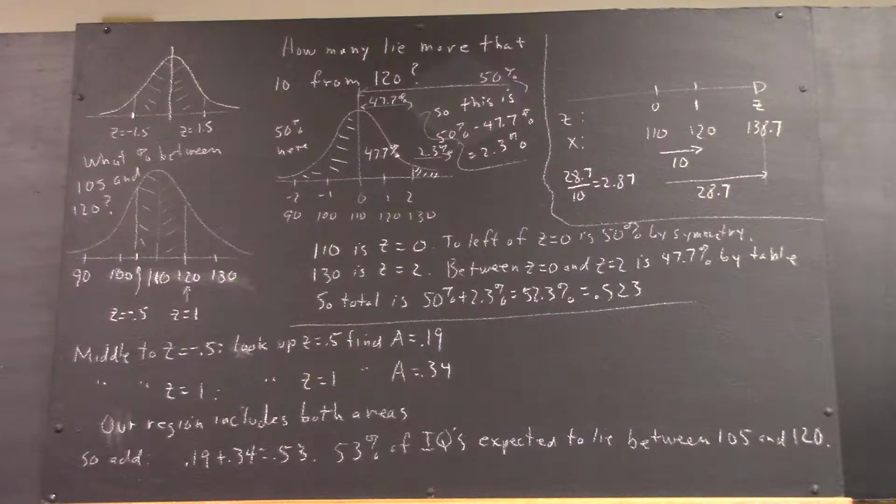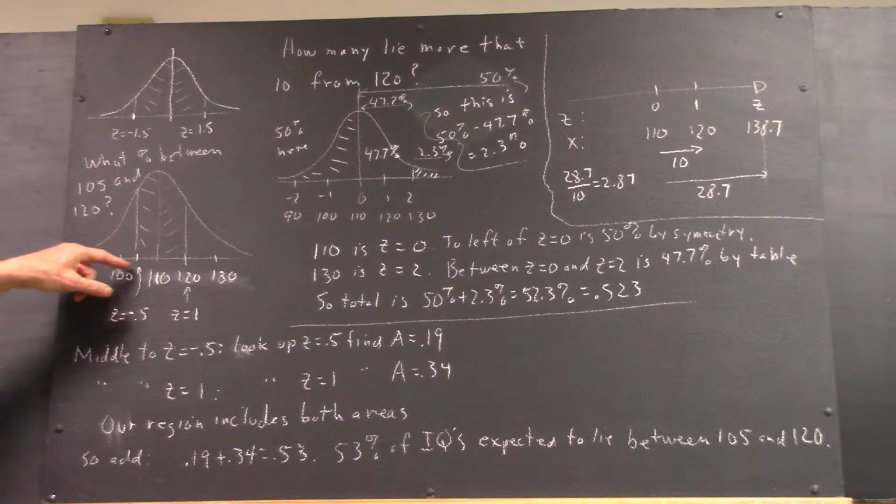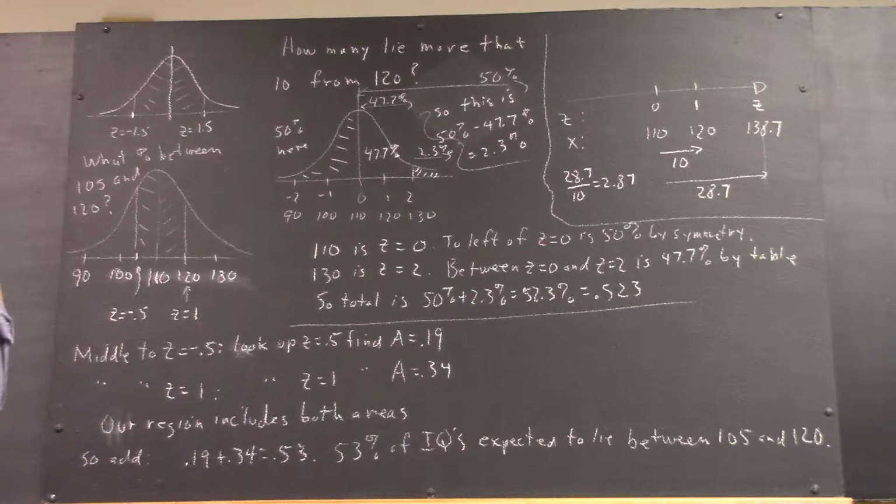So, first thing we do, of course, is draw the curve. And we locate 105 and we locate 120. Again, people did that quite well. Didn't have any trouble with that. Okay, 105 is, of course, halfway between 100 and 110.